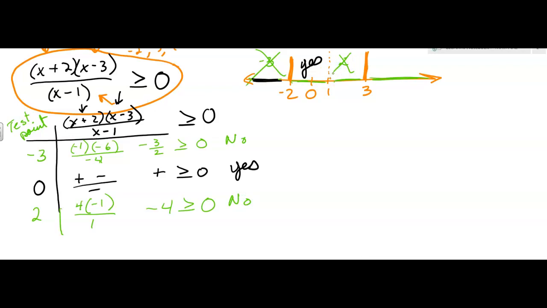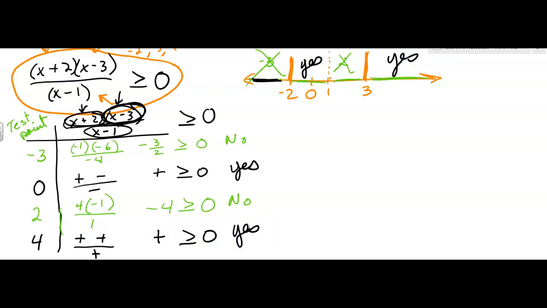And then I need a number bigger than 3. I'll use 4. I'll do 2 with the numbers that I write out and 2 that I didn't. If I put a 4 in each of these, it's going to be positive, positive, and positive. So a positive times a positive divided by a positive is positive. And are positive numbers greater than 0? Yes.